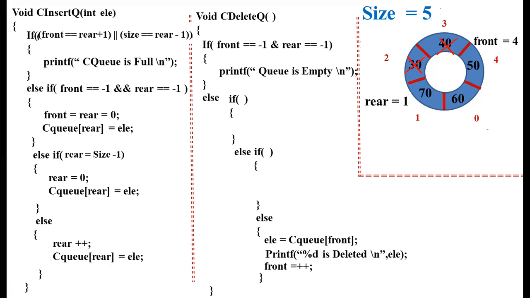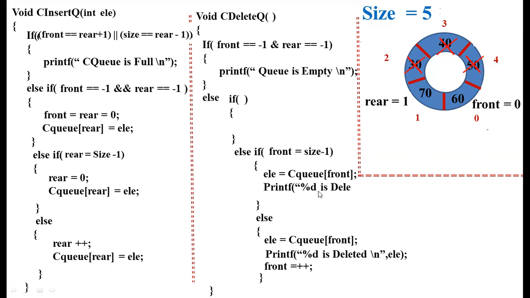When the front value is equal to size minus 1, we need to go for that condition. So when the front value is equal to size minus 1, element is collected from the front, and we need to print that the element is deleted.